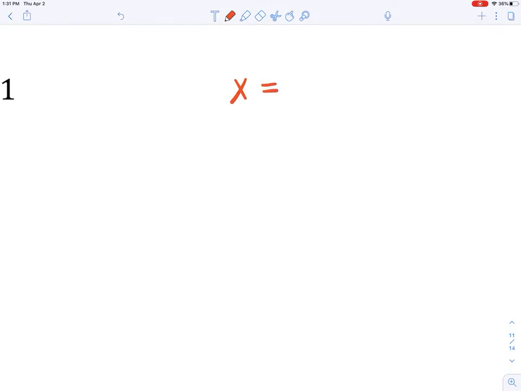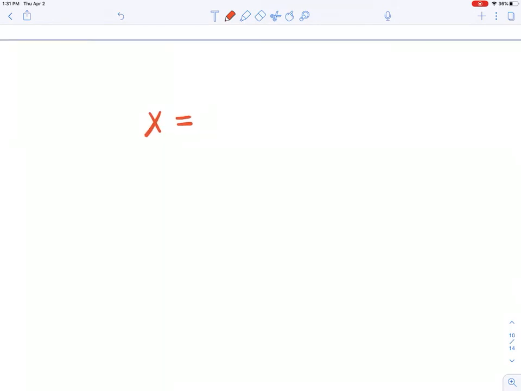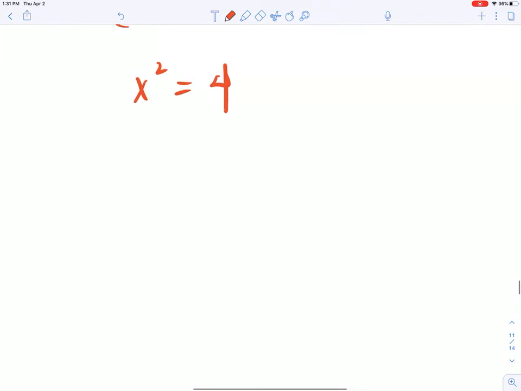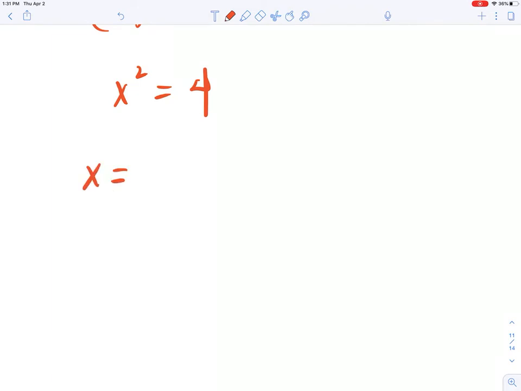So just a reminder, let's say we had a really simple equation like x equals 2. If we square both sides of this equation, we would get x squared equals 4. If we look at x squared equals 4, solving that by inspection, aren't there two values that would make that a true statement?